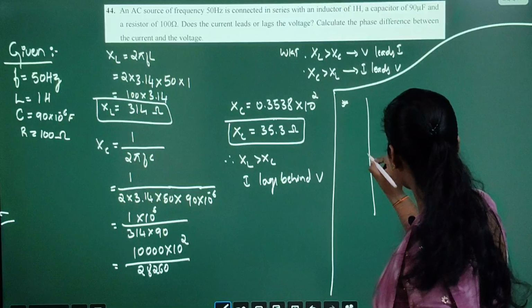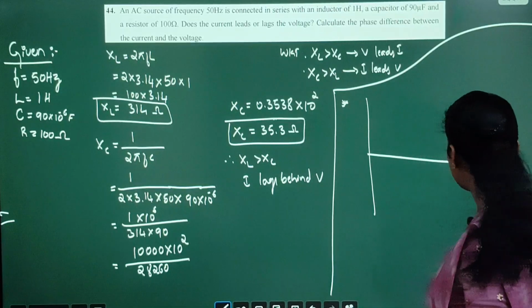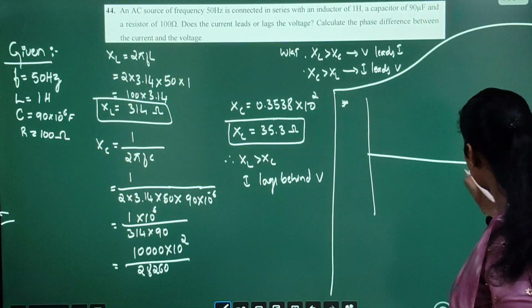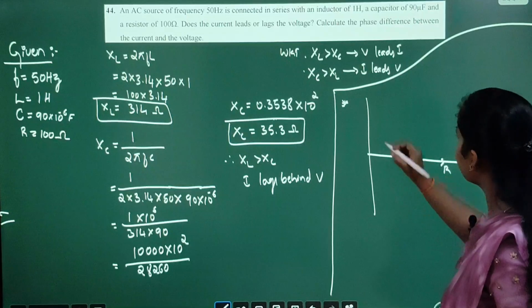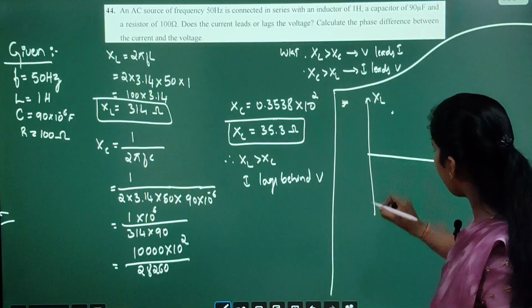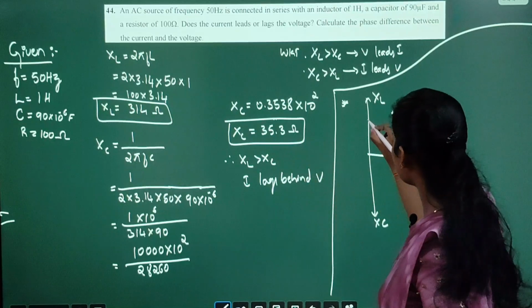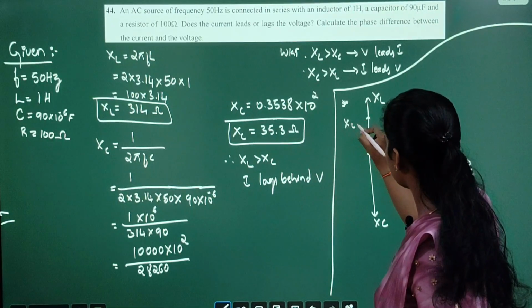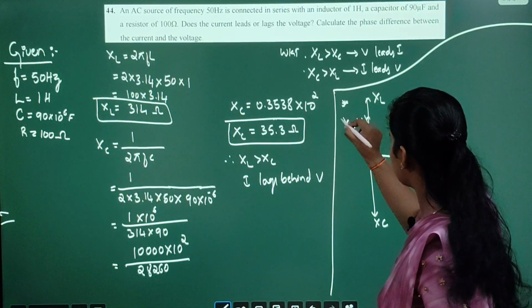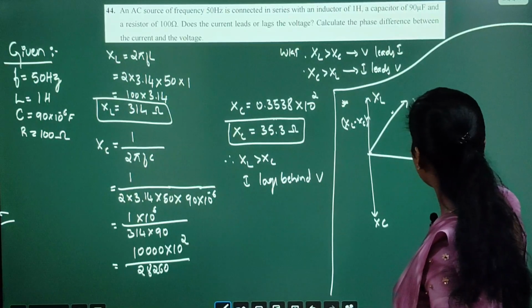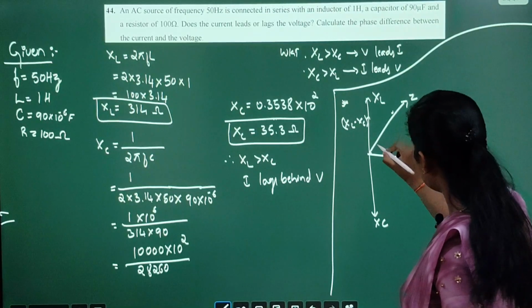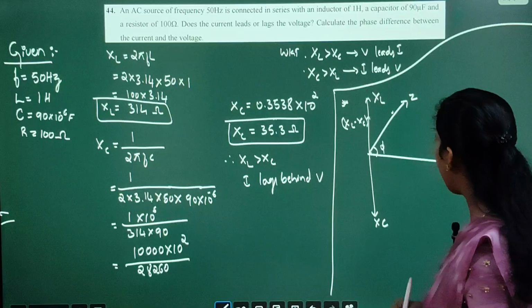Here I am taking the current, and this is the resistance R, and here this is the XL and this is the XC. Since XL is greater than XC, the phasor diagram comes in this direction, XL minus XC, and here the impedance Z. This is the phase angle.